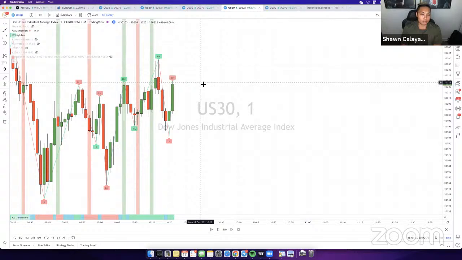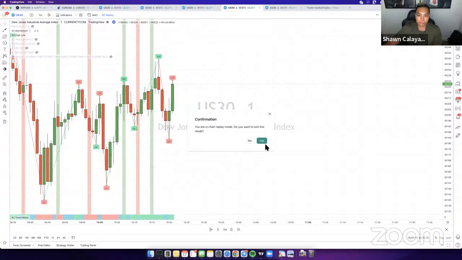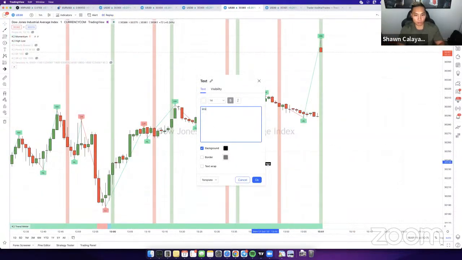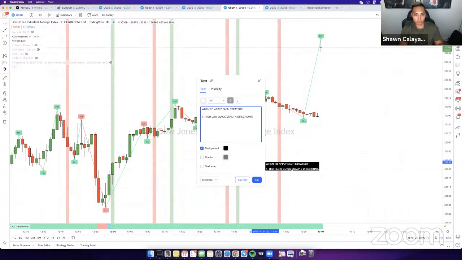Let me put the strategies here again, so when to apply each strategy. For one, the high-low quick scalp, directional market.